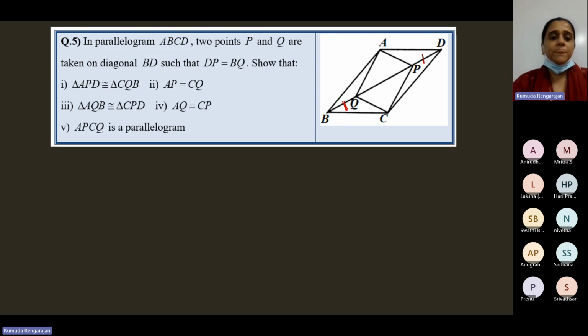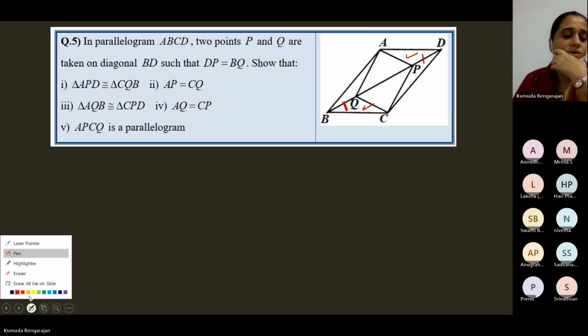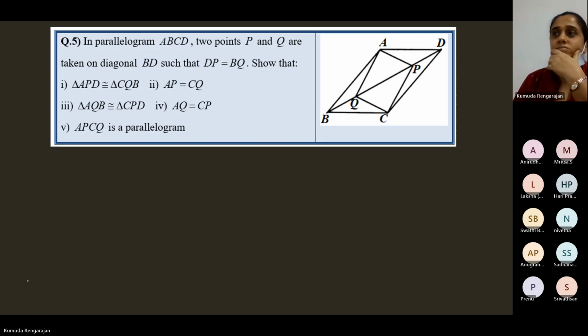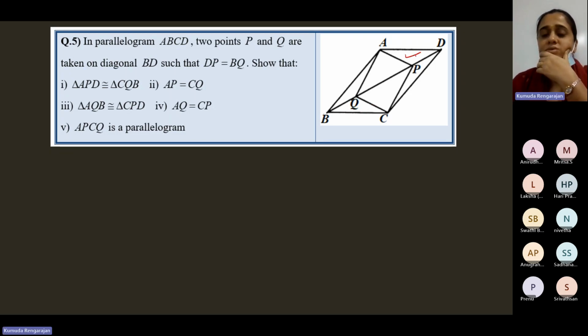Show that triangle APD is congruent to triangle CQB. Think and tell me, how do you show that these two triangles are congruent?